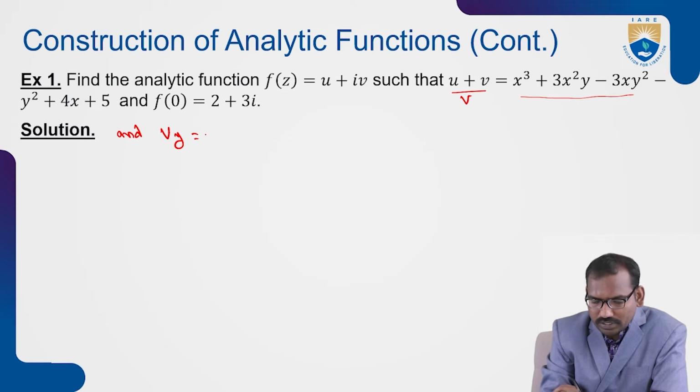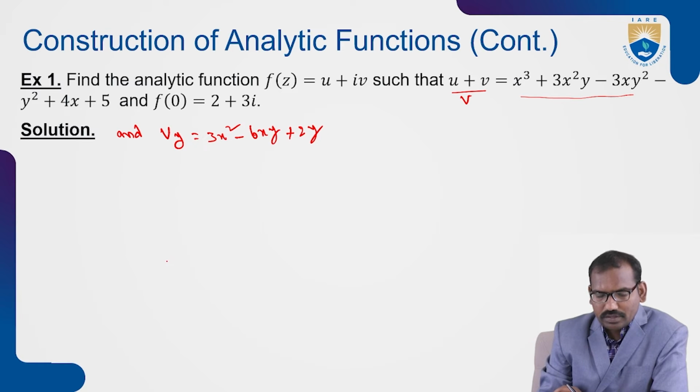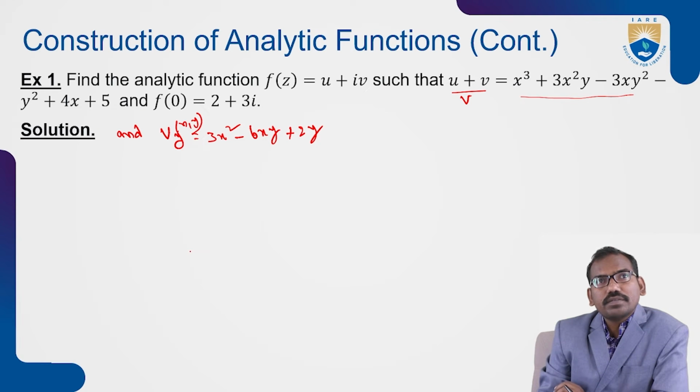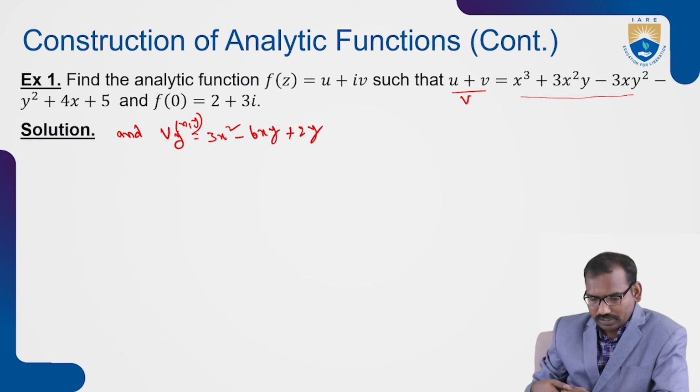So I will have 3x square minus 6xy minus 2y. This is also a function of xy, V sub y of xy. I will write it somewhat more clearly.